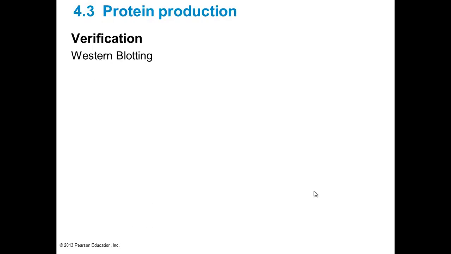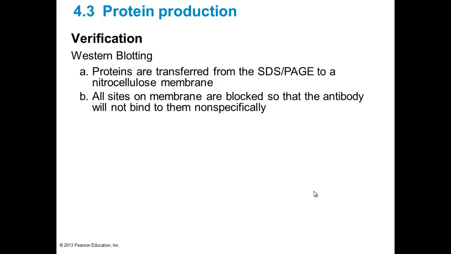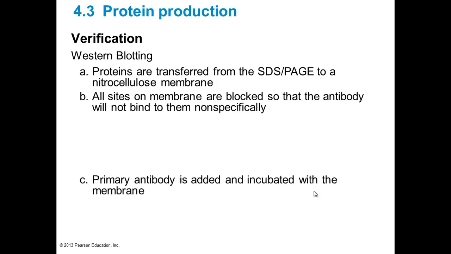You also want to verify the identity of the protein using Western blotting. When you have a Western blot, you use an antibody that's specific to that protein in order to probe the gel. So the proteins on the gel are transferred from SDS page to a nitrocellulose membrane. The sites on the membrane are blocked so the antibody doesn't bind non-specifically.